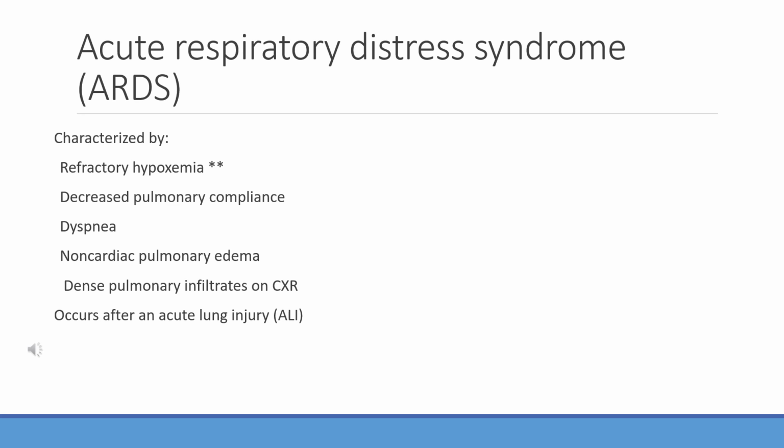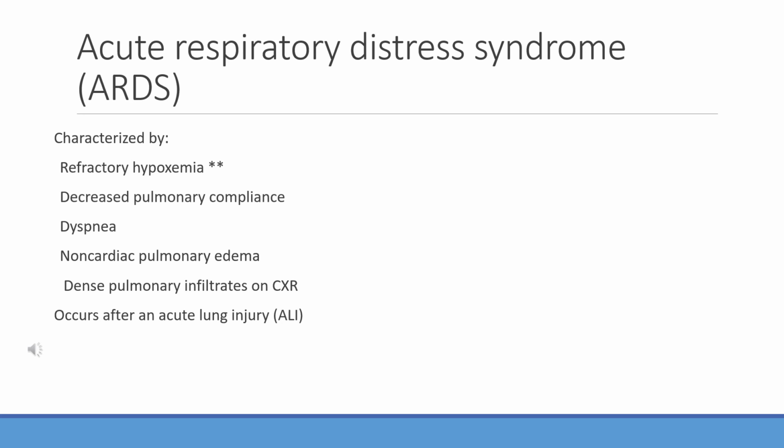ARDS has a rapid onset and is due to extensive lung tissue inflammation and small blood vessel injury that affects the organs, causing them to malfunction. The main trigger of ARDS is a systemic inflammatory response, no matter what the cause.